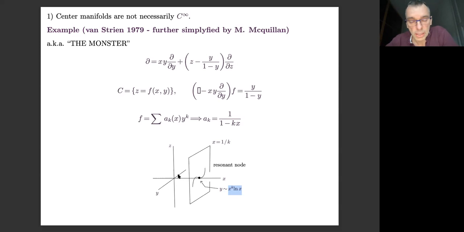So if I recall well, Jean-Philippe Rolin once asked me about this example because he was trying to show the existence of a non-minimal structure. It hasn't a C-infinity cell decomposition. But I think that at the end he used another type of example. But in this case, if there is a non-minimal structure which contains this center manifold, this computation shows that this cannot have a C-infinity cell decomposition.